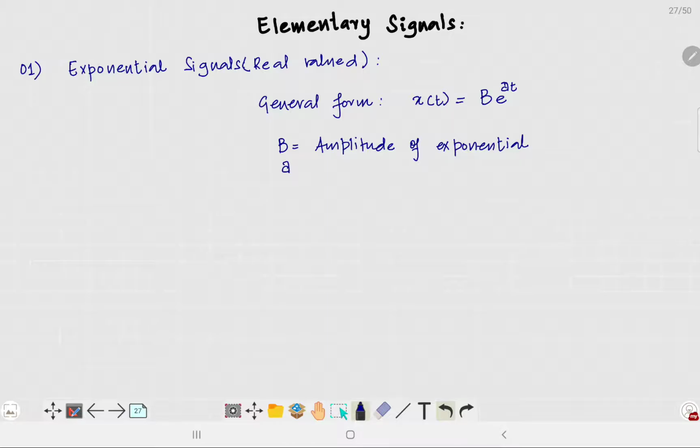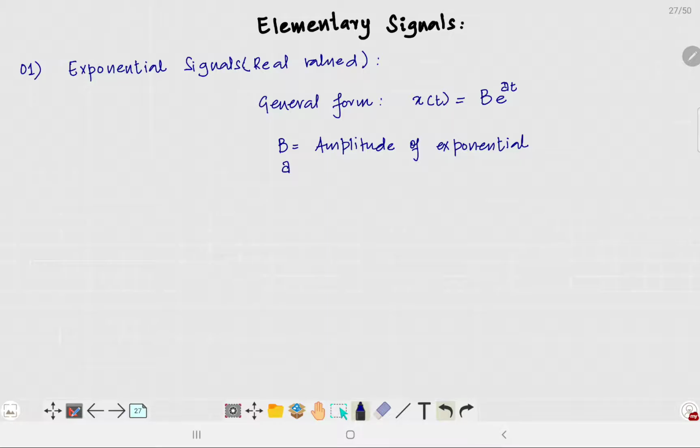Now, when we say that it is a real valued exponential signal, it means both these parameters, b, which is the amplitude, and a, which appears in the exponentiation operation, are real valued. In a complex valued exponential, either b or a or both will be complex valued. We will take that discussion separately.